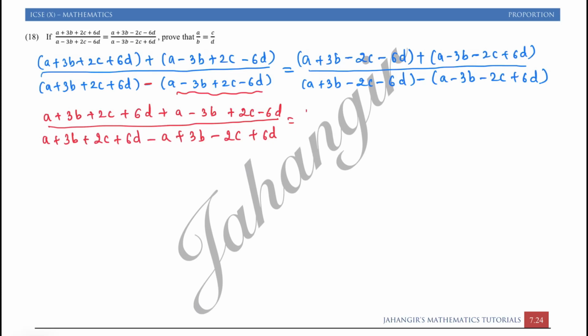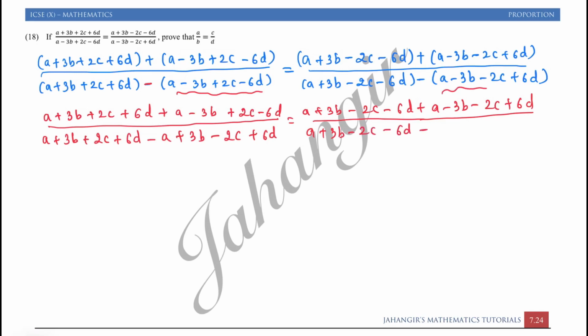Is equal to, in the numerator we can easily open the bracket, a plus 3b minus 2c minus 6d minus, now I will change all signs from this bracket, plus 3b plus 2c minus 6d.